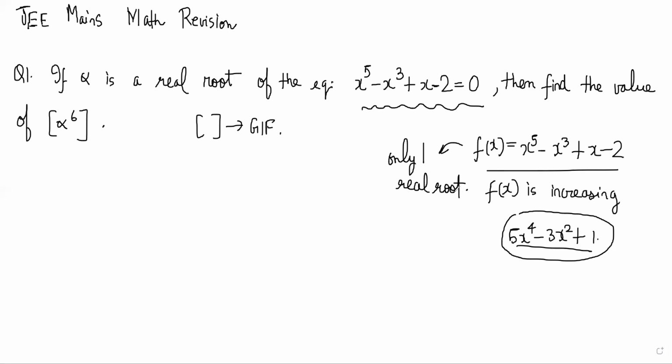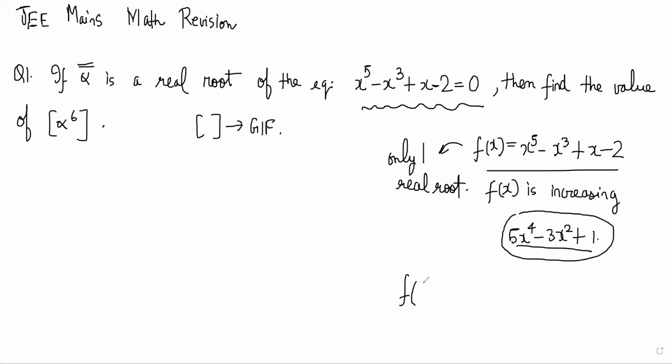Okay. So you have to sort of estimate the value of the real root. That part is easy, but you have to find something related to alpha power 6. You can easily figure out what place alpha lies between, because you can put two values in the function.